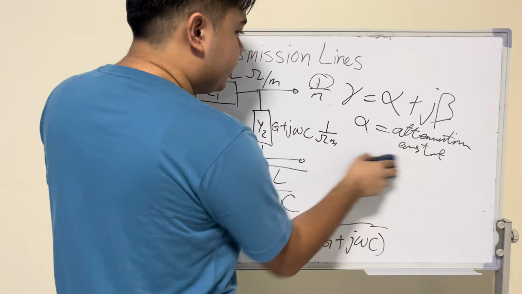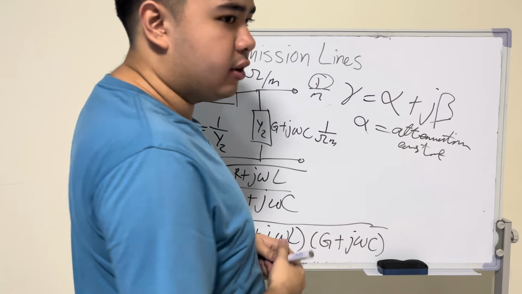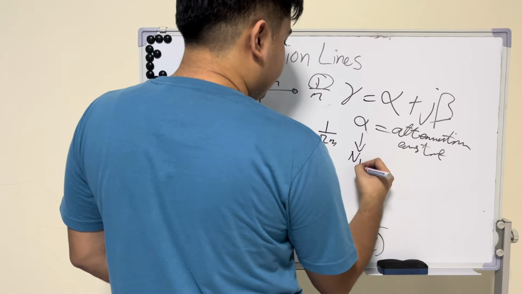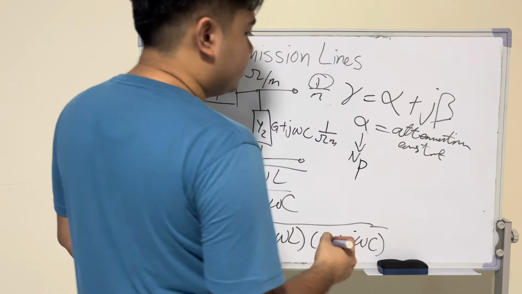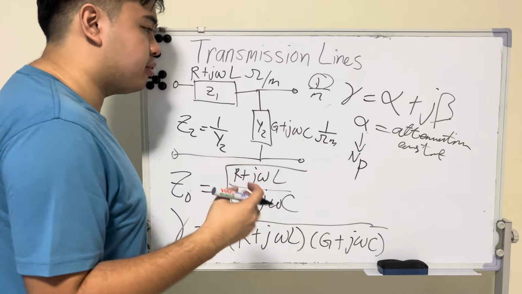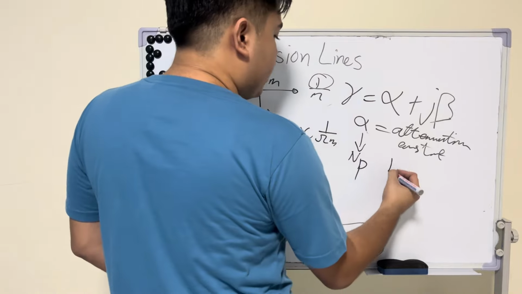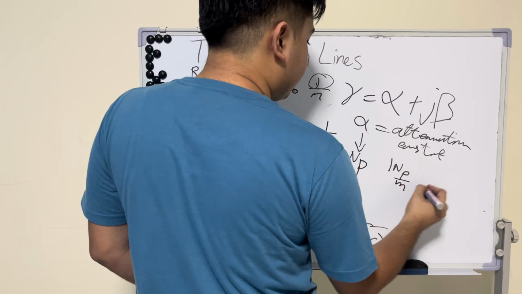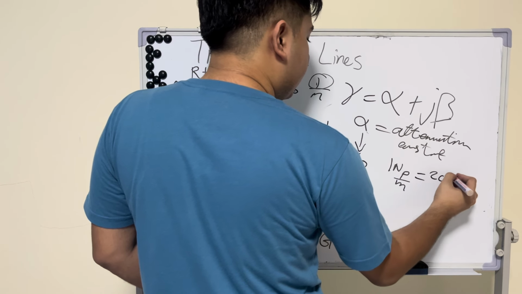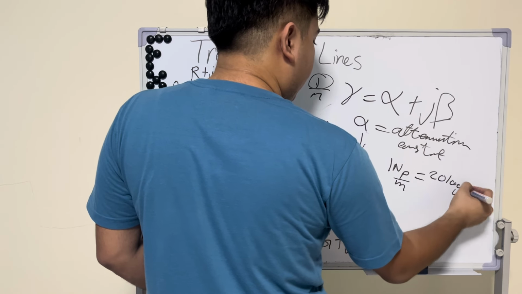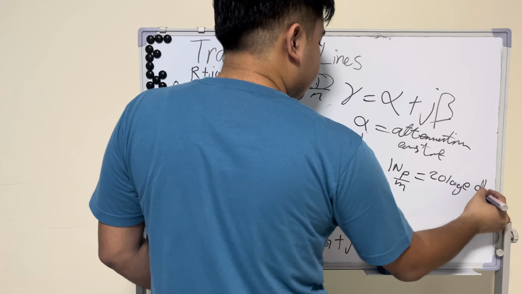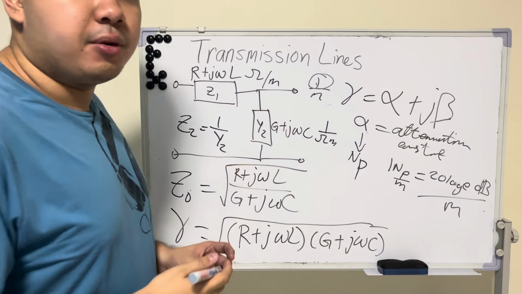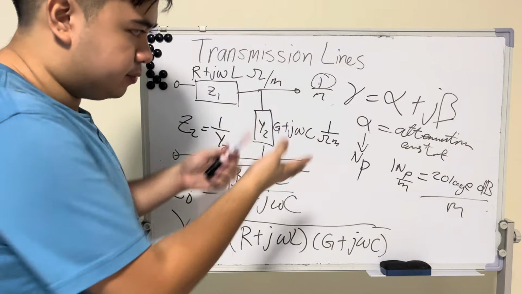So in the same way, alpha is also logarithmic gain, but it is just in nepers. The unit of alpha is usually in nepers, wherein 1 neper per meter is 20 log e decibels per meter. So that is the attenuation constant.